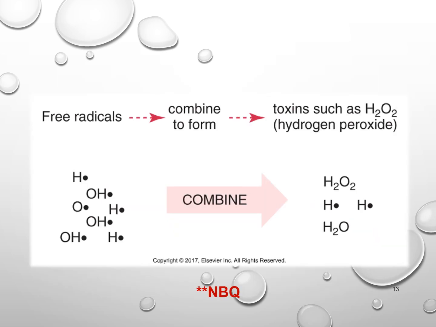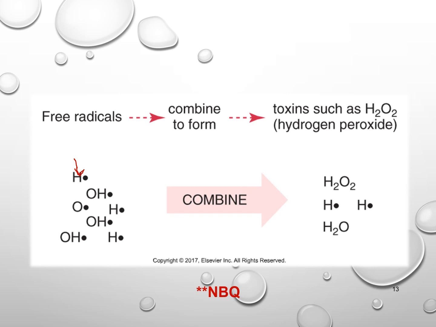Okay, so here's the rest of that. We just talked about those free radicals, these guys with their little dots next to the letters. They have to combine really, really quickly. And when that happens, you have a bunch of H's by themselves and a bunch of OH's by themselves. So what they form is H2O2, which is the chemical makeup of hydrogen peroxide.